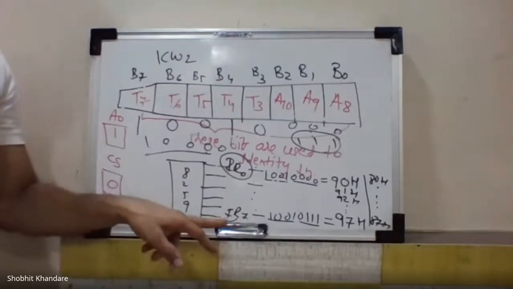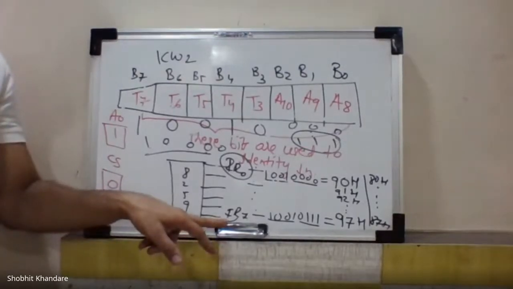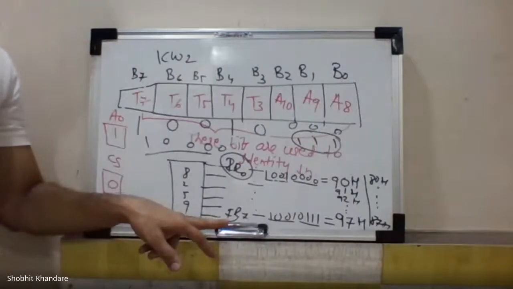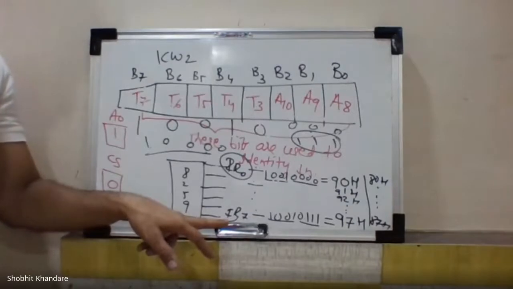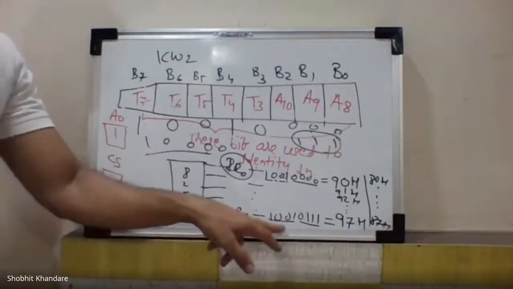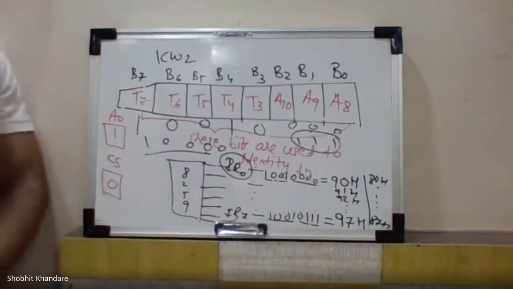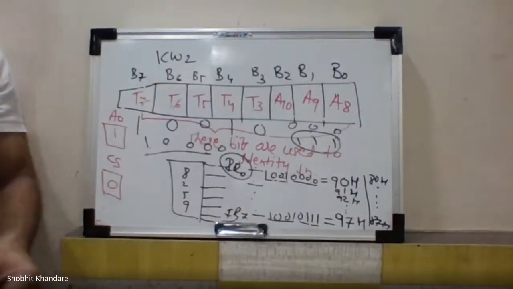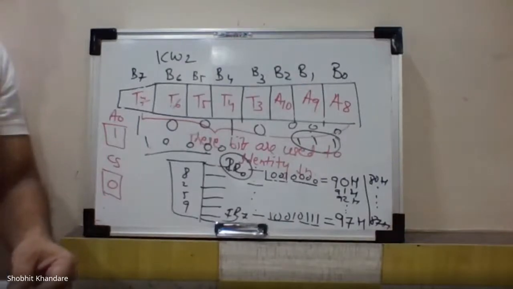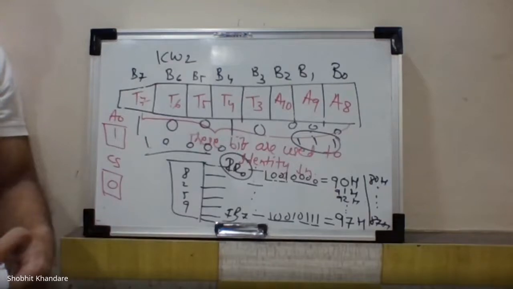For the last, IR7, you can just write down IR7 is associated with type 97H interrupt. So how to get 97H? That is 10010111. That is how we get 97H. So that is about ICW2.